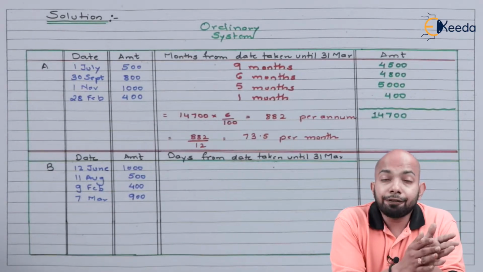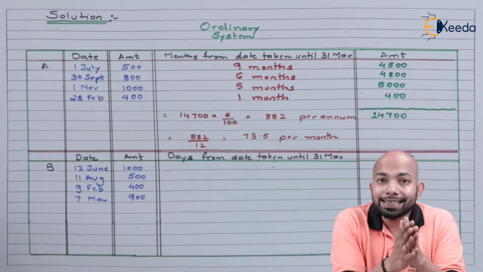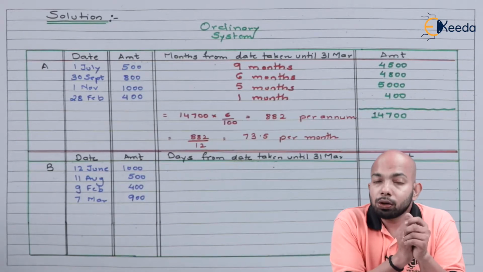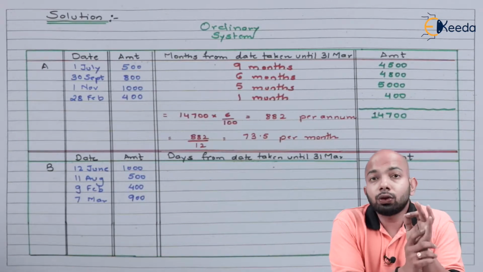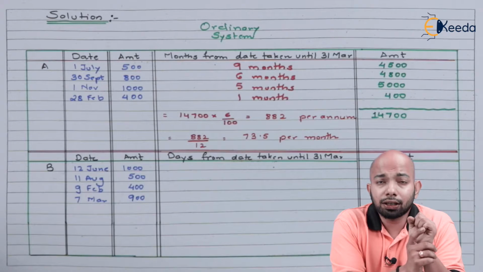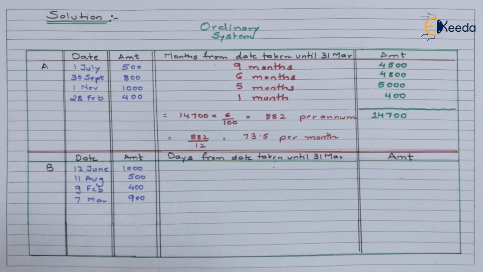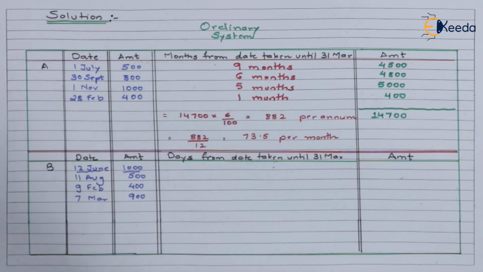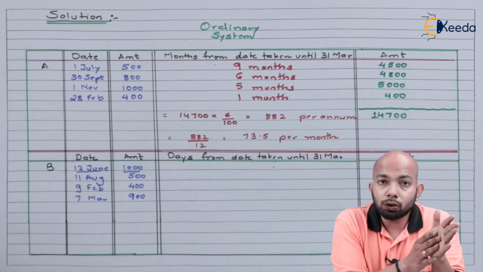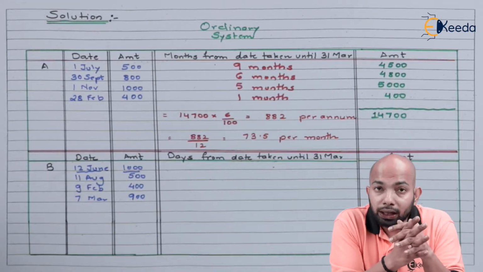Now, for reference here, we have taken days and not months. Hence, from 12th of June, for example, the first withdrawal for B was on 12th of June for an amount of 1000.